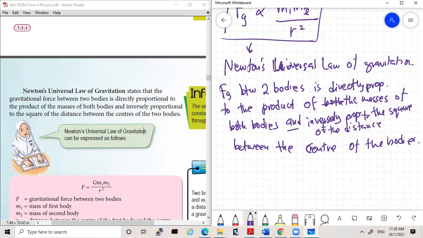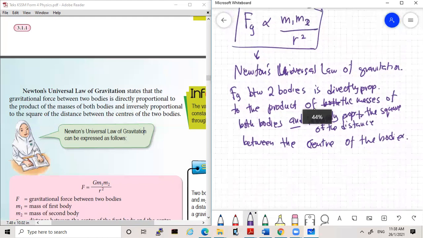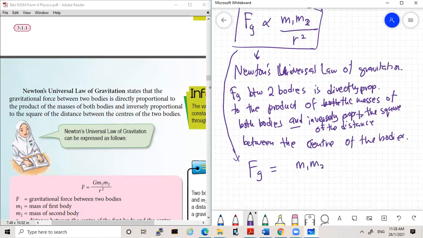From the relationship, just like in mathematics, if we want to change a proportionality into an equation, we put a constant. So Fg equals, now we change the sign from proportionality to equals, just copy the relationship first, M1, M2, R squared, and then put a constant.